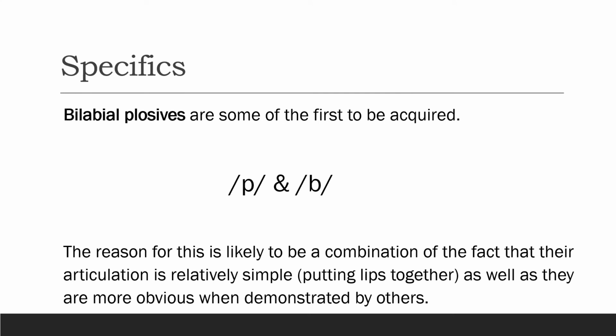Just as a reminder for the specific terms then, we have phoneme sounds like p and b, so that's a pair, p being the voiceless or unvoiced phoneme and b being its voiced pair, and we call these bilabial plosives. Bi is two, labial is lips, so that's both lips being closed at the beginning of the creation of these plosives.